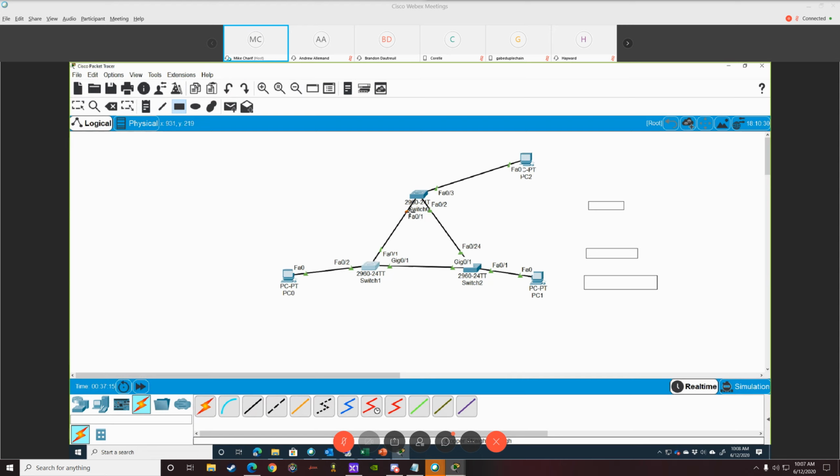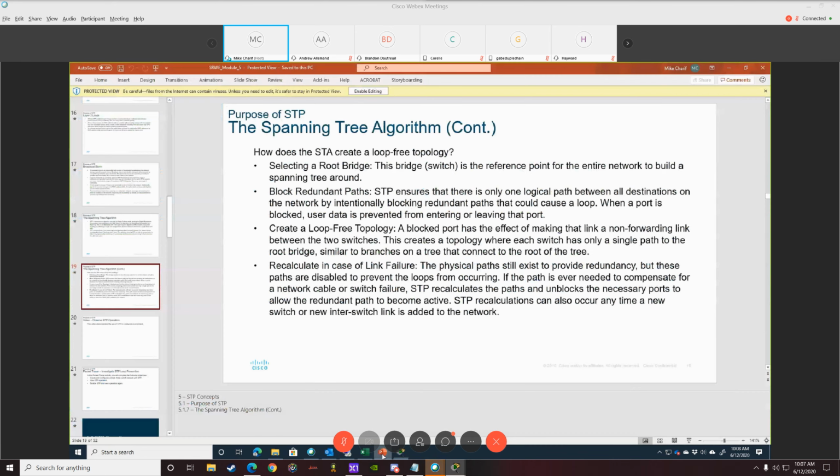But we come to this port and put it in blocking mode. If we go and see the status of this interface, it's going to show blocking mode. So logically it is blocked, but physically this link is still on. It's very, very important to understand that concept.